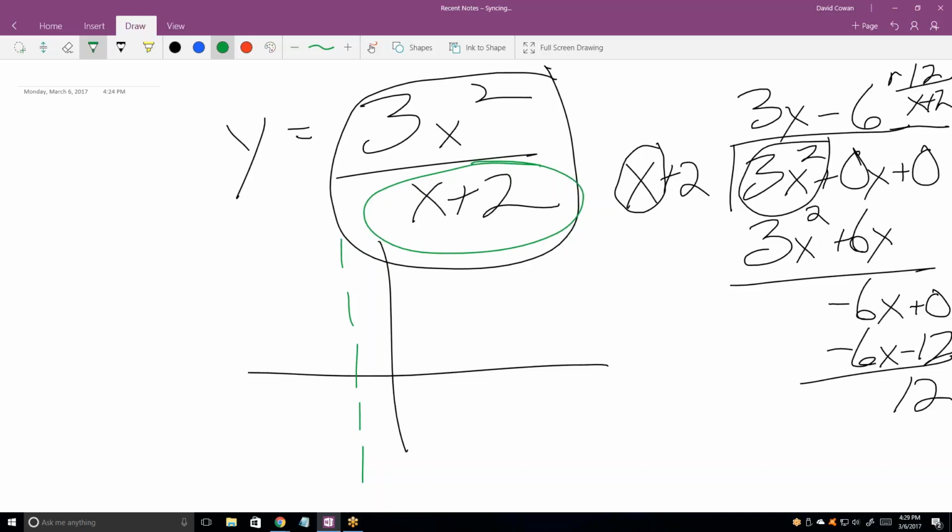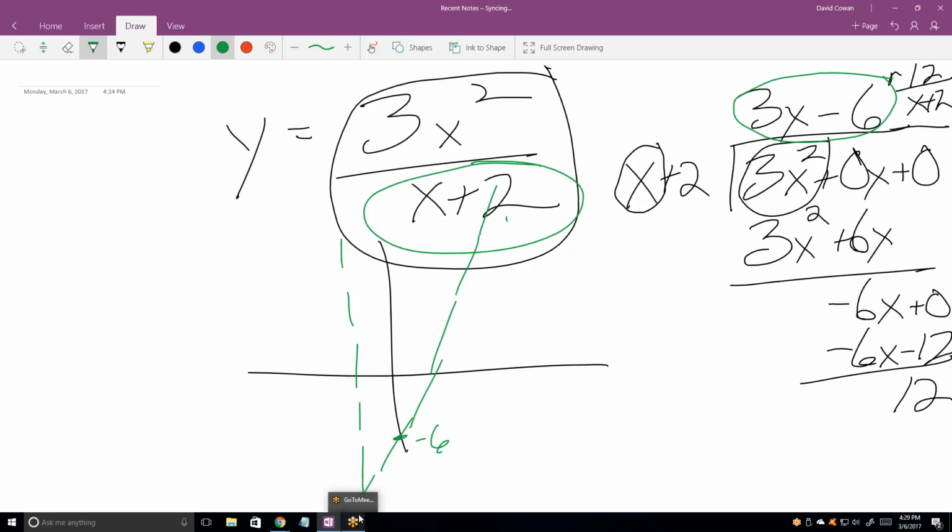All right. Now, I've got to graph that 3x minus 6. Well, I know that that goes through -6. Got a slope of 3. So the slant asymptote looks like that.